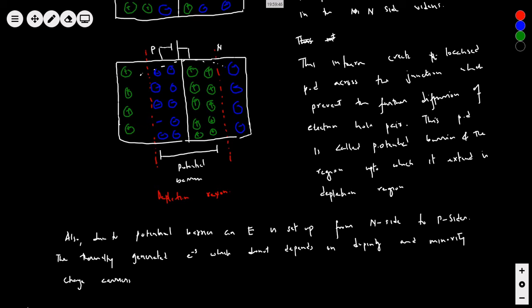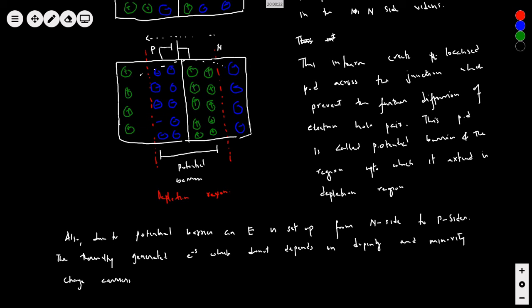The electric field is from positive to negative, so an electron will always drift from negative to positive. If you take the direction of the holes as our diffusion current, the diffusion current is from p to n, and in the case of drift, it is in the opposite direction.